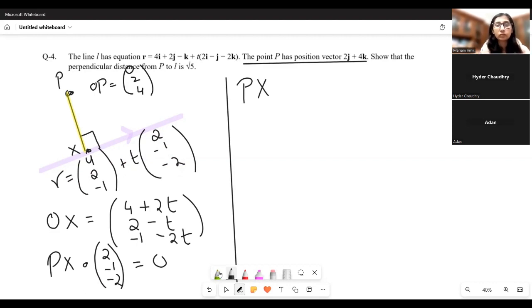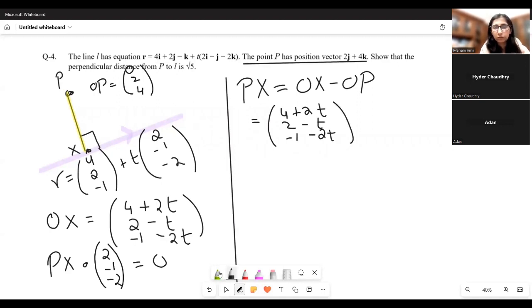Okay, so PX would be OX minus OP, which is going to be (4 plus 2t, 2 minus t, and -1 minus 2t) minus OP, which is (0, 2, 4).